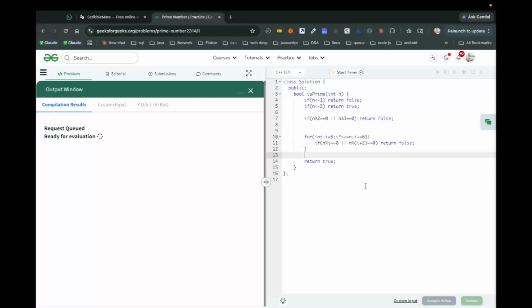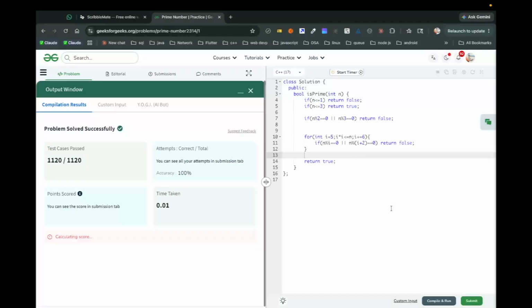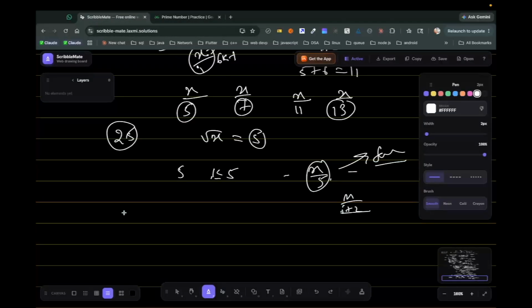Now let's see if this works or not. Our base case has been passed, and now we'll submit this. And all of our test cases have been passed. For this algorithm also, the time complexity is big O of root x and space complexity is big O of 1. So method 5 is just an improvement over method 4.